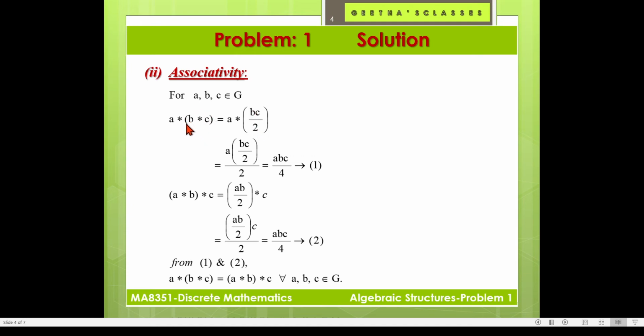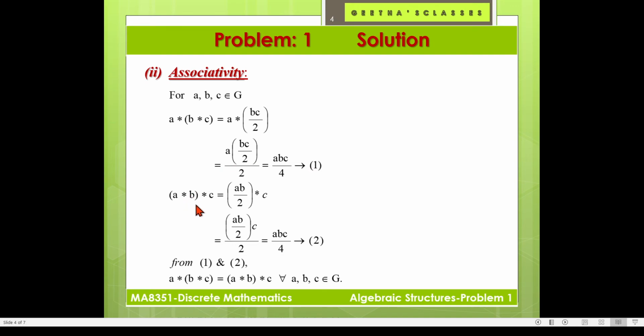So using that definition, we rewrite b star c as bc by 2. Now a star this bracket term, taking the entire bracket as the element b, gives a into bc by 2, divided by 2. Now bring this 2 to the denominator, so we get abc by 4 for the left hand side. Name this as equation 1.